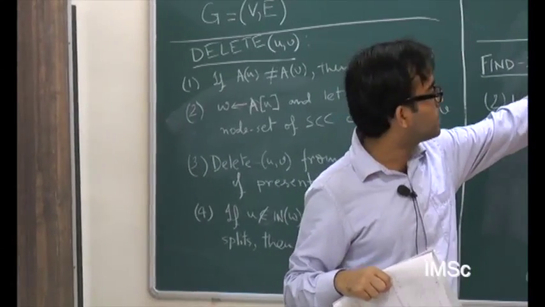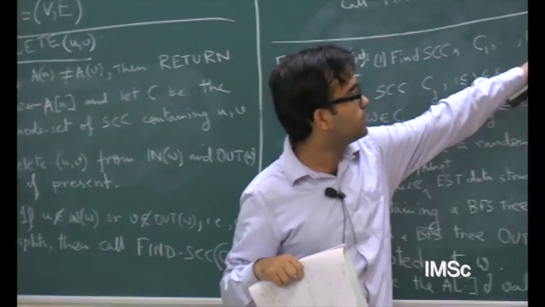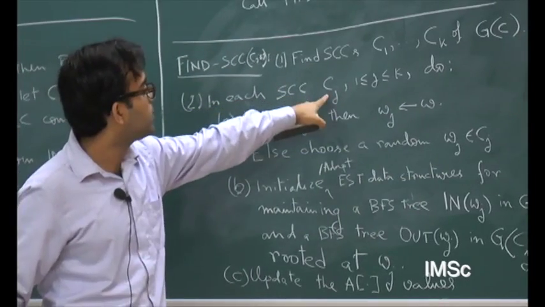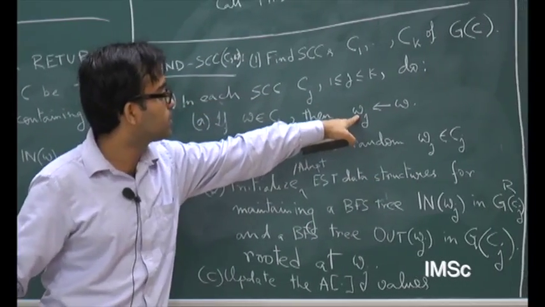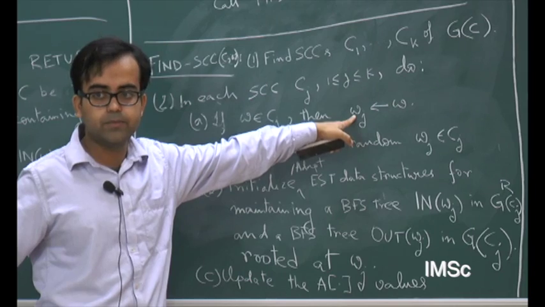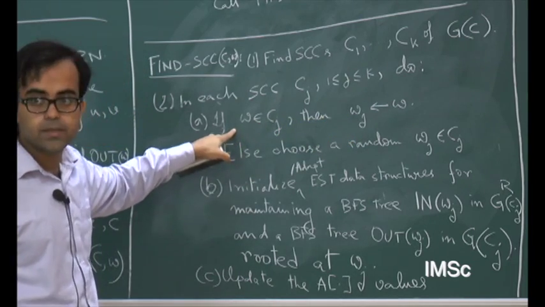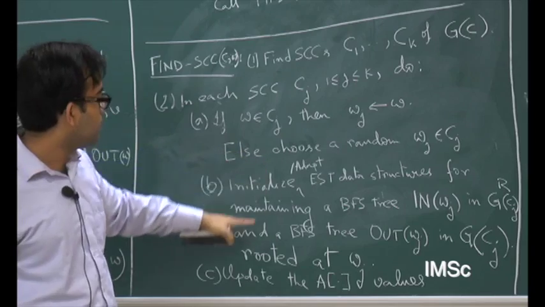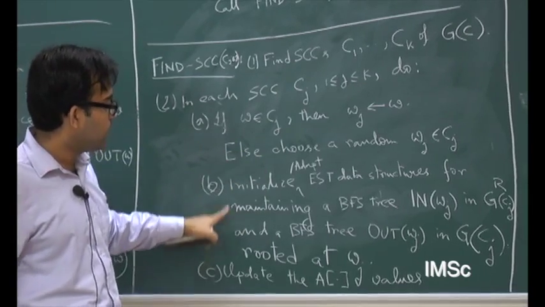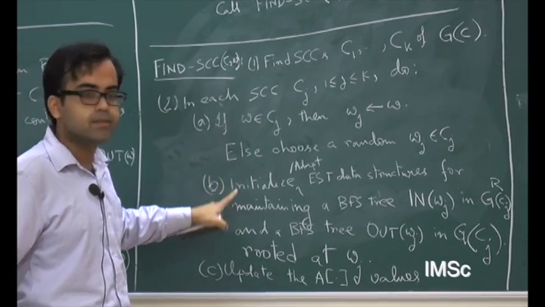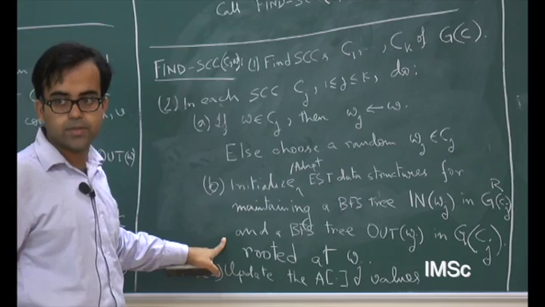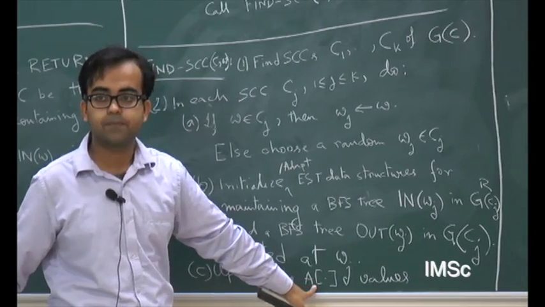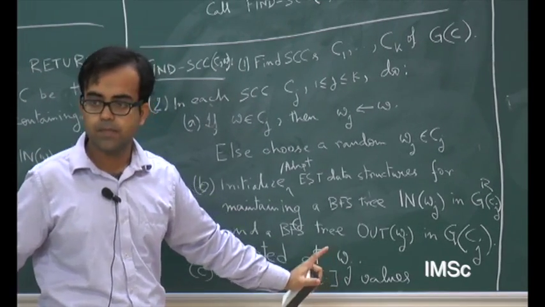Here you just run the static algorithm to find the children components, and then for each children component you just look, if the original source node was in that component, you just keep that as source, otherwise pick a random source and then just update or initialize the new Even-Shiloach tree data structures, and finally update these entries. Clear?